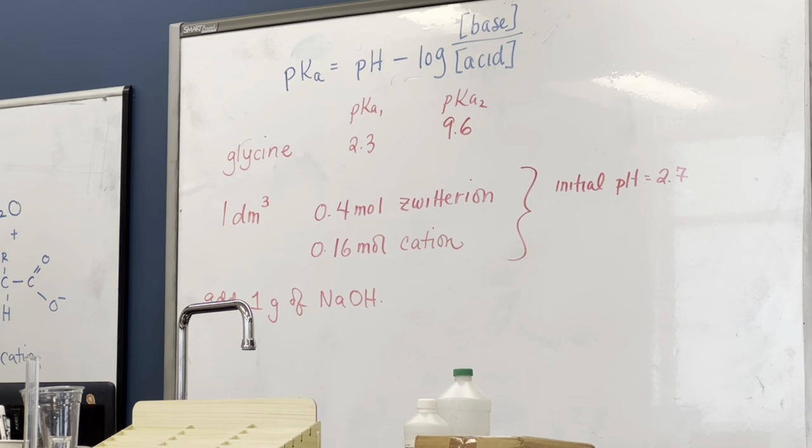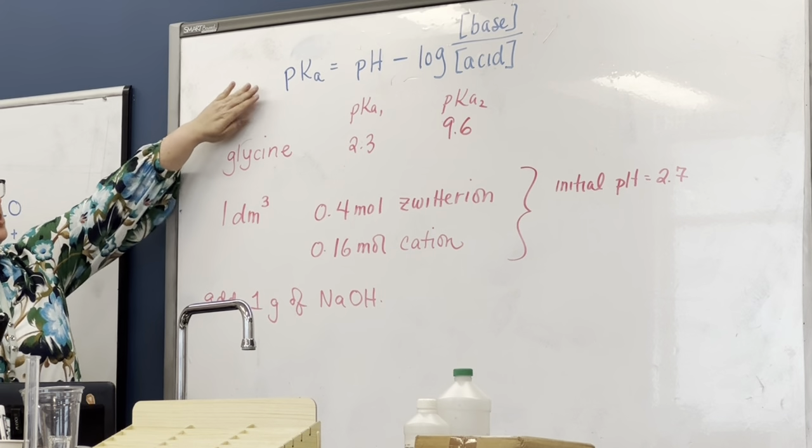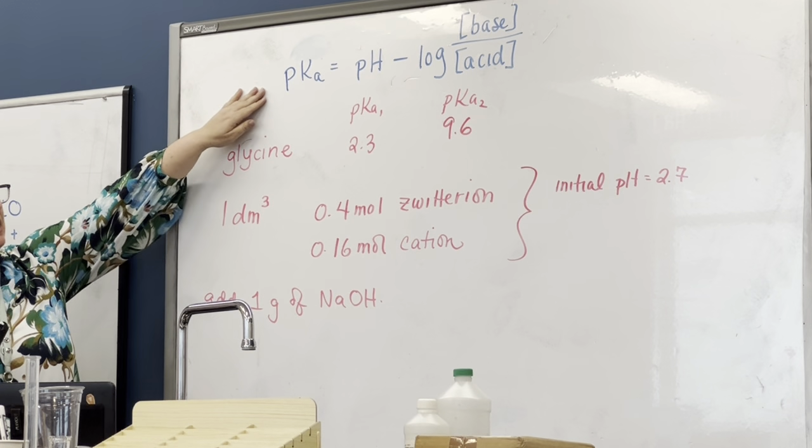Wait, isn't the initial... I used this equation. I chose the pK that I thought was appropriate, which was 2.3, because I have the zwitterion and the cation this time.